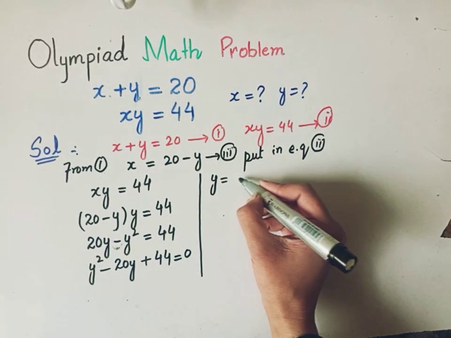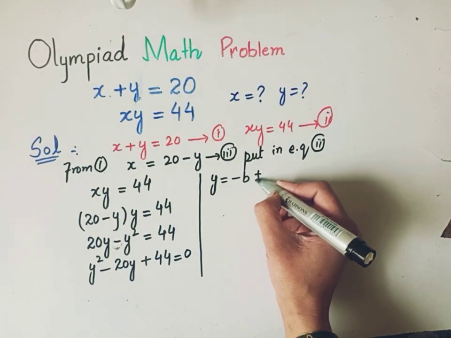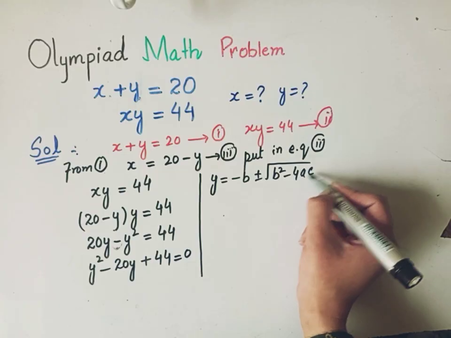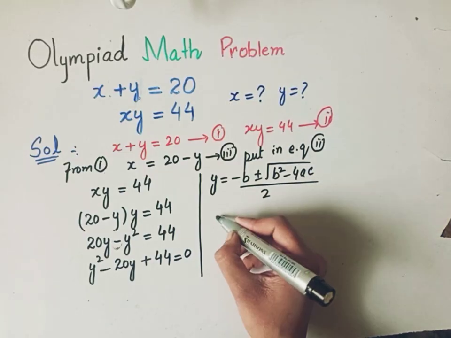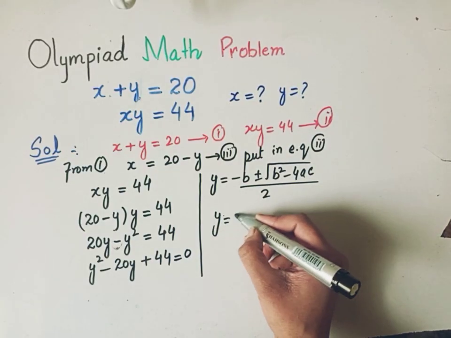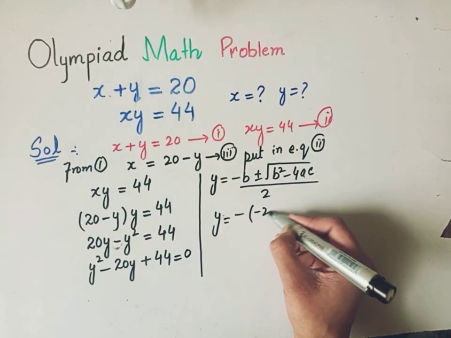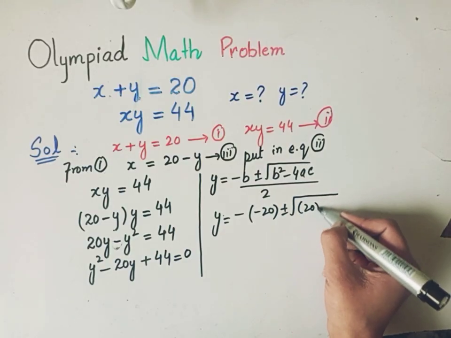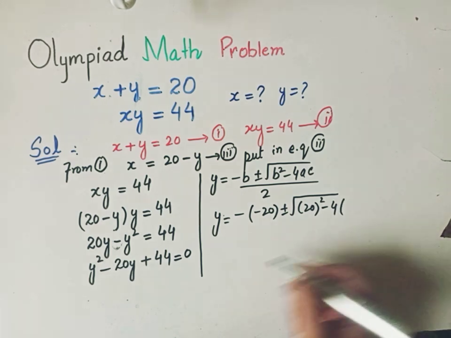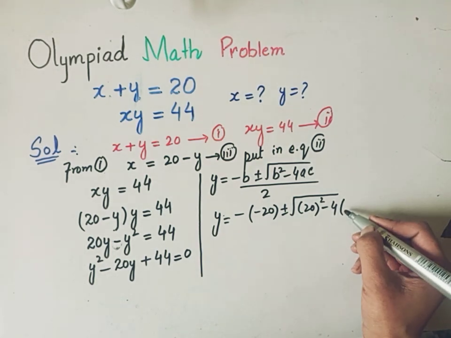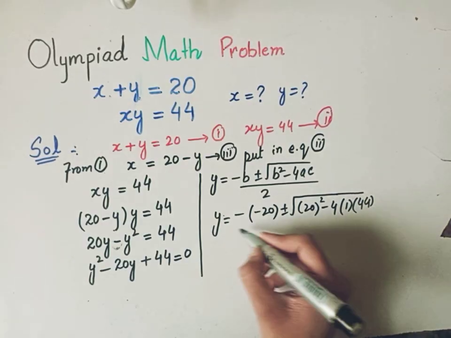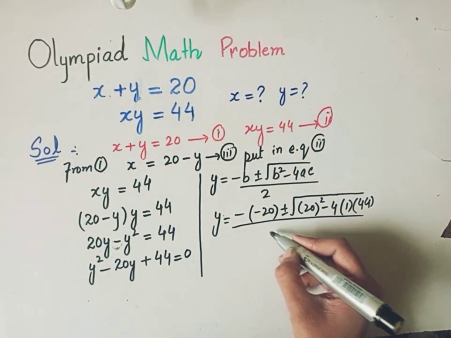So, y equals minus b plus minus root b square minus 4ac, divided by 2a. So, y equals minus b, which is minus minus 20, plus minus root b square, meaning 20 square minus 4 into ac. A is 1 and c is 44, divided by 2a, meaning 2.